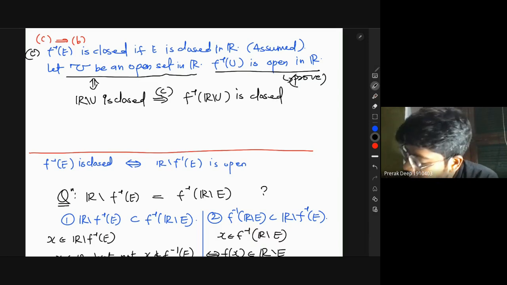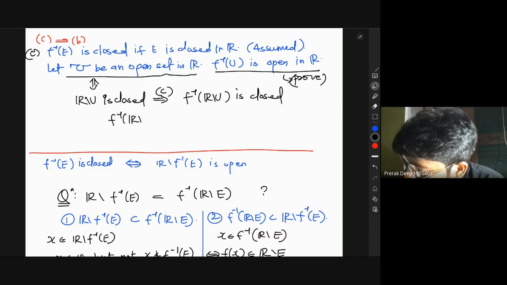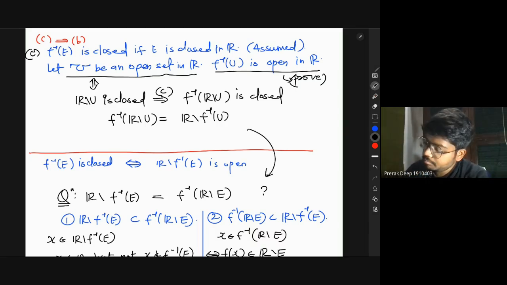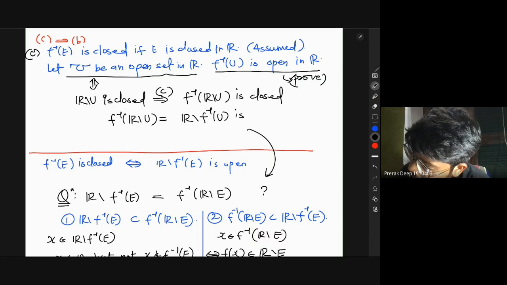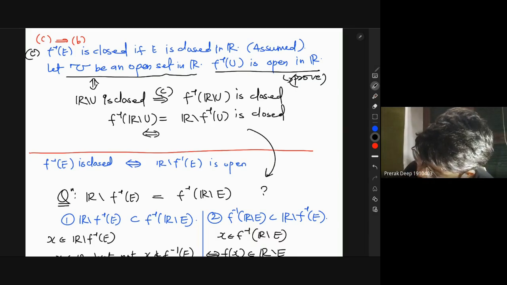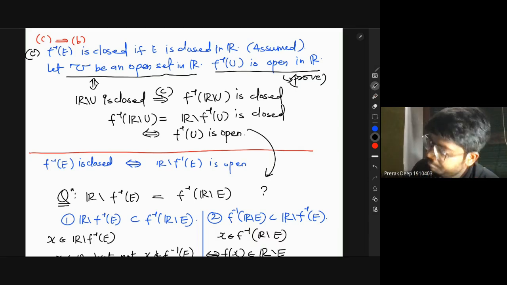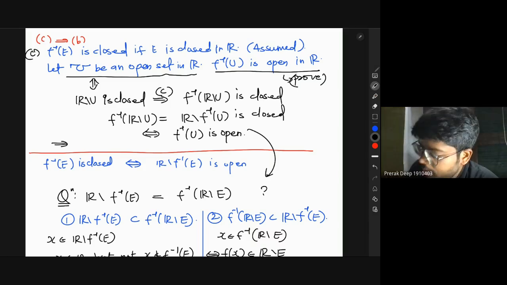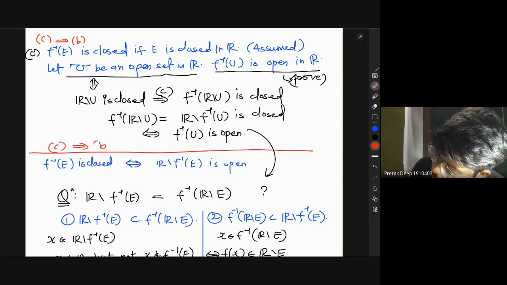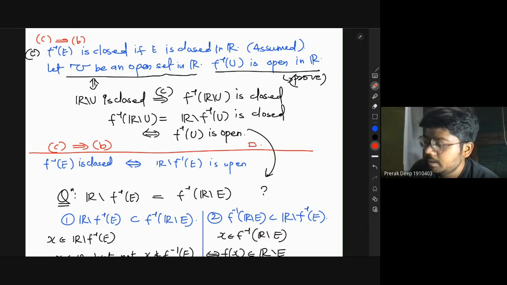Now we know that F inverse of R minus U is equal to R minus F inverse of U, from the fact that we just proved below. So this implies that this is closed, which proves that F inverse of U is open. So altogether it proves that if I assume C to be true, then B is true, and this completes the proof.